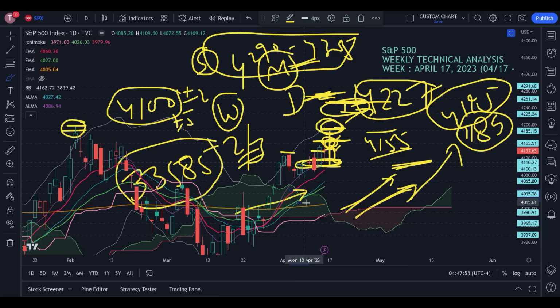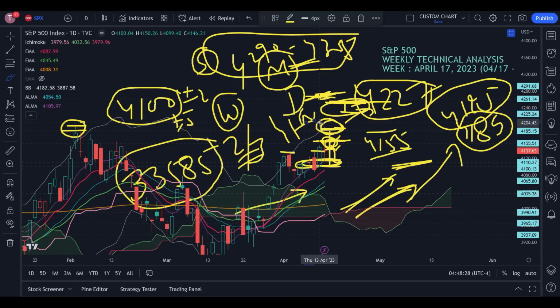And the bearish movement will depend on whether the S&P 500 fails to close above or sustain above 4160 or 4155.